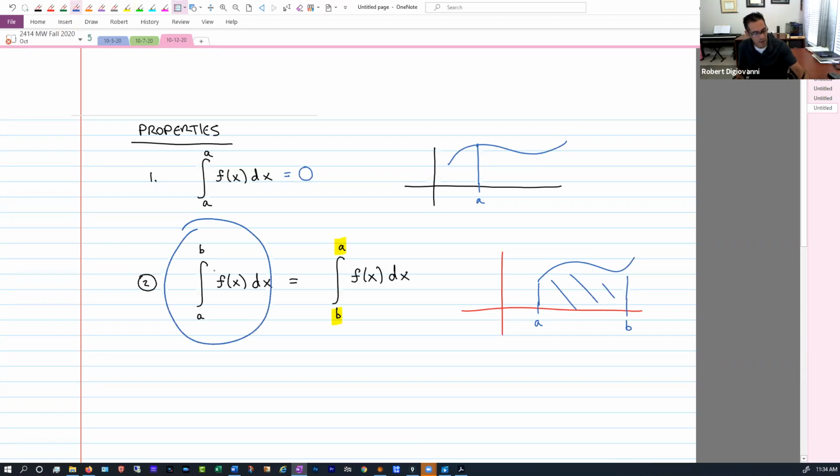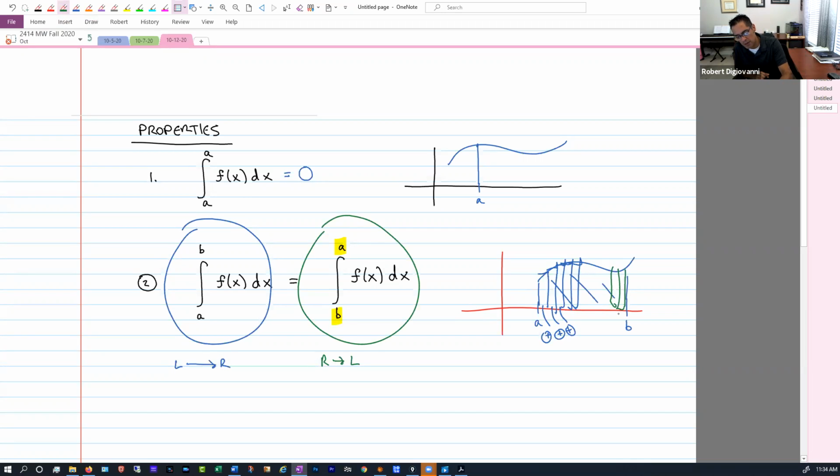On this integral right here, we're moving from left to right as we draw our rectangles, so each of these little widths is positive, positive, positive. But if we go backwards and go from B to A, on this one right here, we're going from right to left. Then we're starting our rectangles here and drawing this way, so each of those widths is now negative.